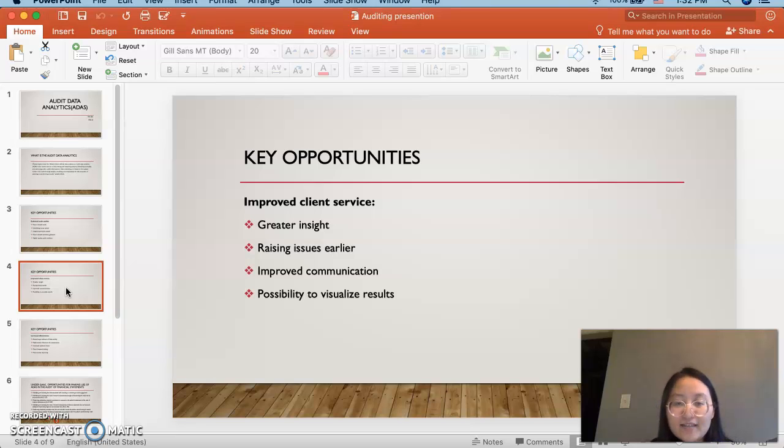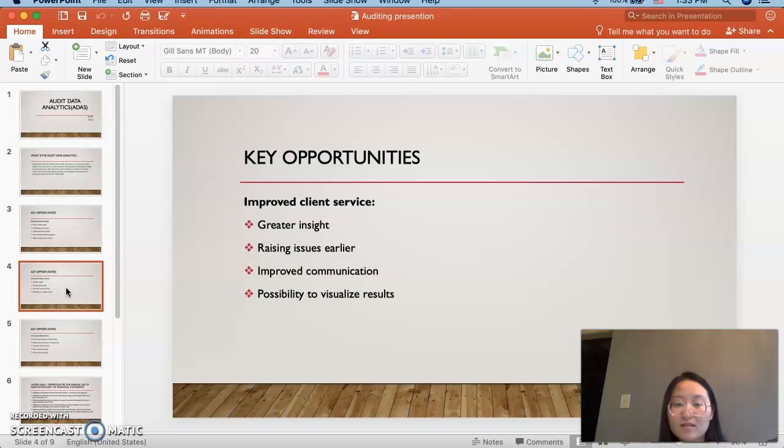Audit data analytics also provides a unique opportunity to identify issues early in the audit process and to raise these issues with clients so that responsive action can be taken in a timely manner.